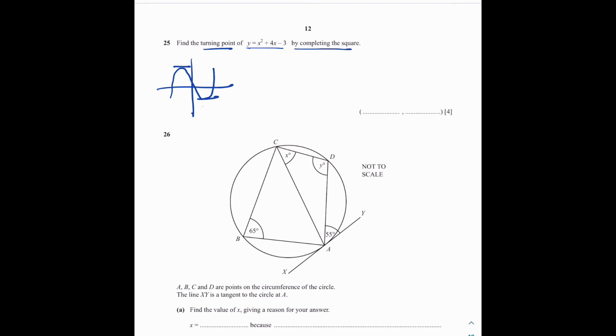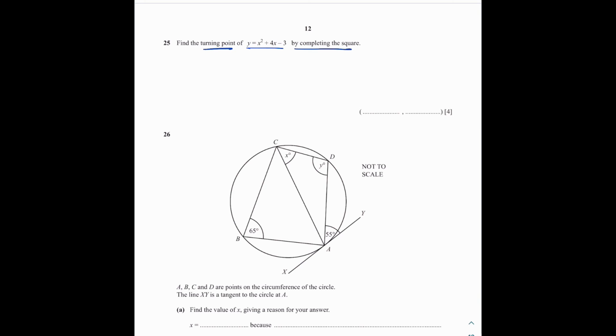This is the min turning point, and this is the max turning point. Anyways, that's what a turning point means. You can clearly see that it's going to be a parabolic-ish kind of thing.